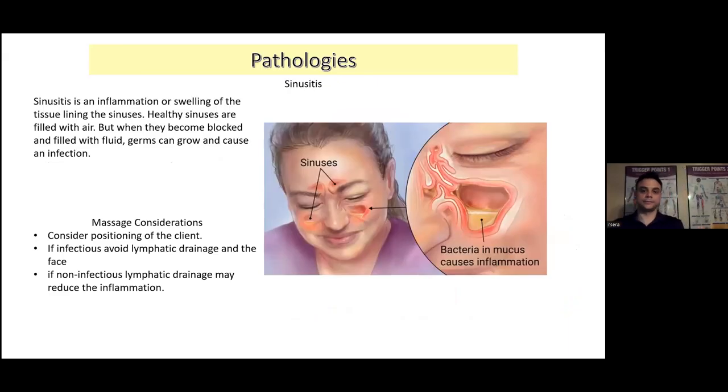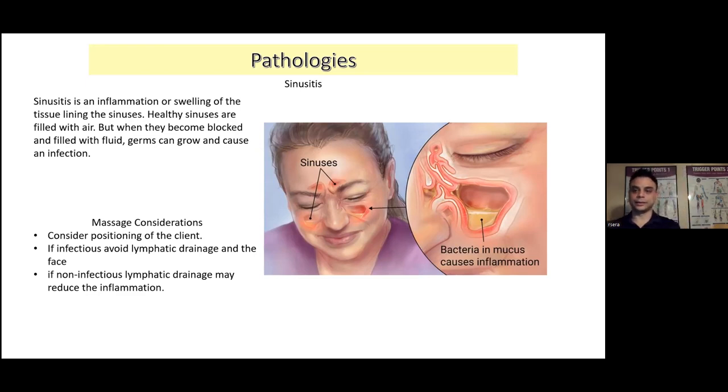Sinusitis. So inflammation of the sinuses, as it said there. There could be lots of different types or causes of sinusitis. It could be just general irritation. It could be viral. It could be bacterial, right? Something gets into the mucous linings and then causes inflammation and fluid buildup.